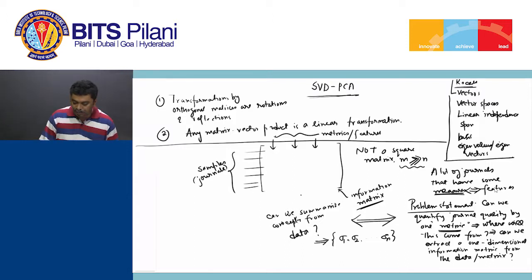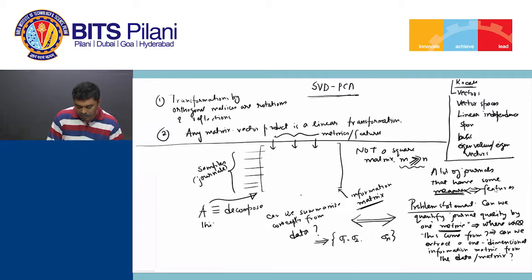All right. Now in general, what will happen is, I have a matrix A, and this is the matrix which we are calling the information matrix. Can I decompose this into pieces to gain some insight?